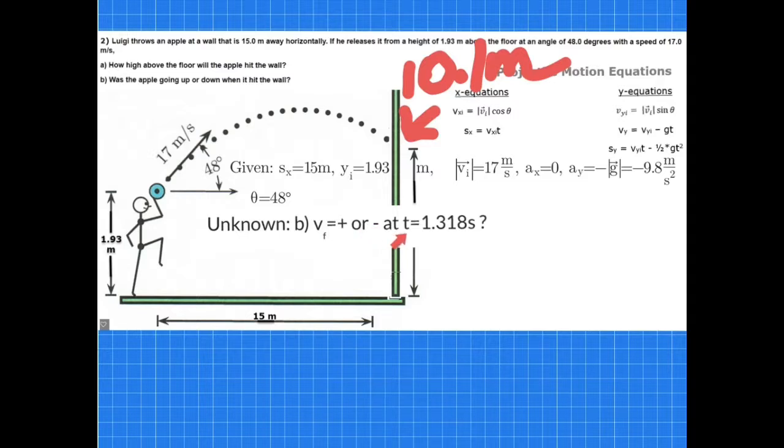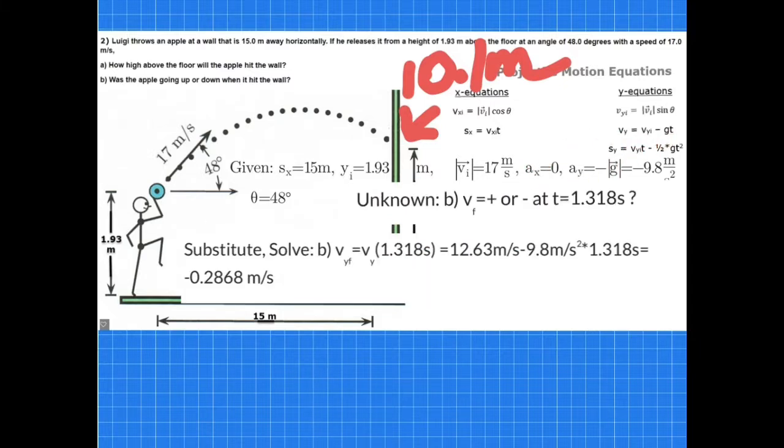So we know that the apple hit the wall at 1.318 seconds. So we need to evaluate the y velocity using this equation at the time that it hit the wall.